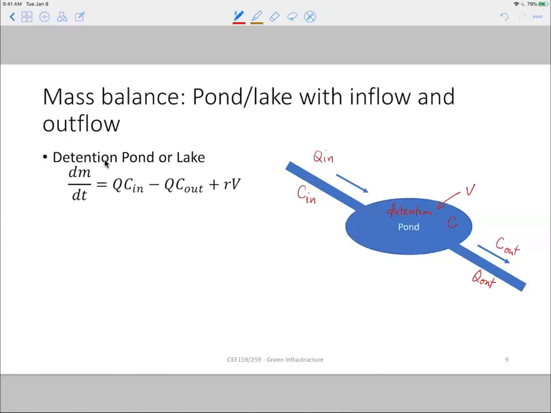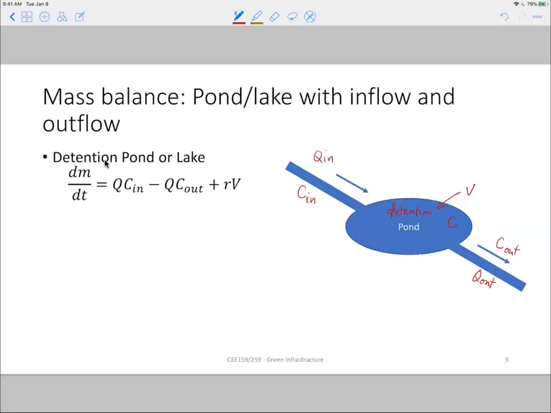Well, there are certain assumptions you have to make. The very first one is the relationship between the concentration of pollutant in the pond and the concentration of pollutants leaving the system. If you think the other way, the amount of water that comes out of the system is the same water that is in the system.